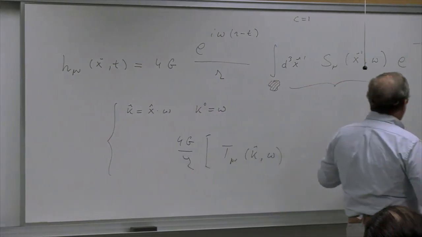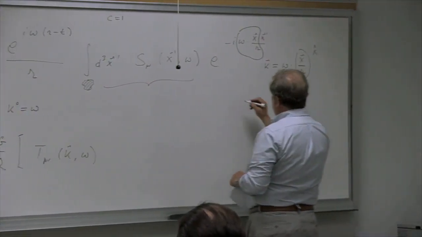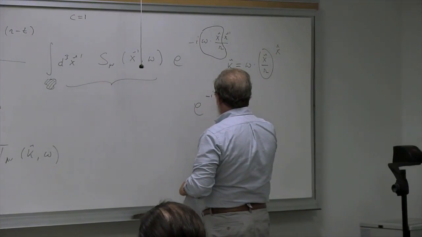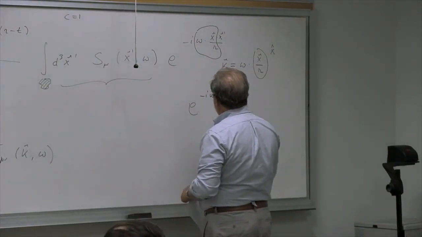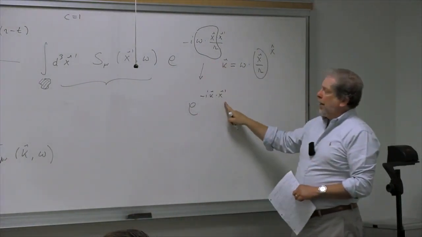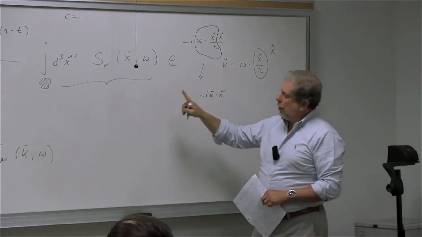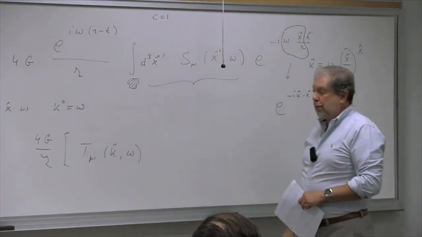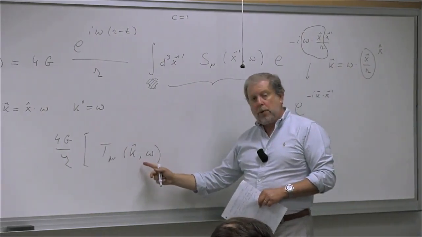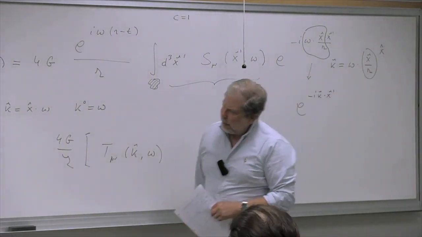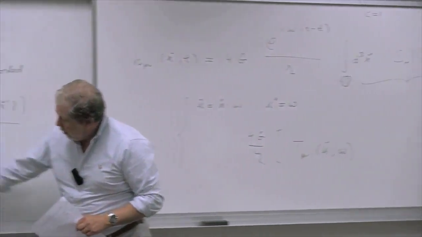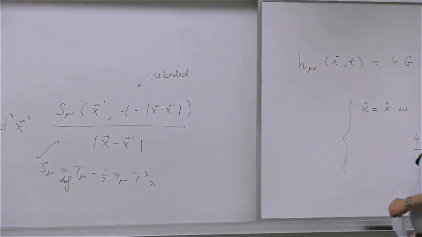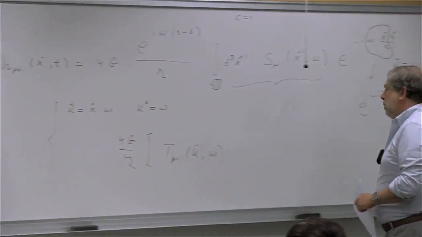And why the Fourier transform? Well, because this is essentially a Fourier transform, because this factor is e to the minus k dot x prime. So we essentially have the Fourier transform of the s mu nu. So we might as well write it explicitly as a Fourier transform of the s mu nu, or given the fact that the s mu nu is related to the t by this relationship, we can just write it as a Fourier transform of t mu nu.